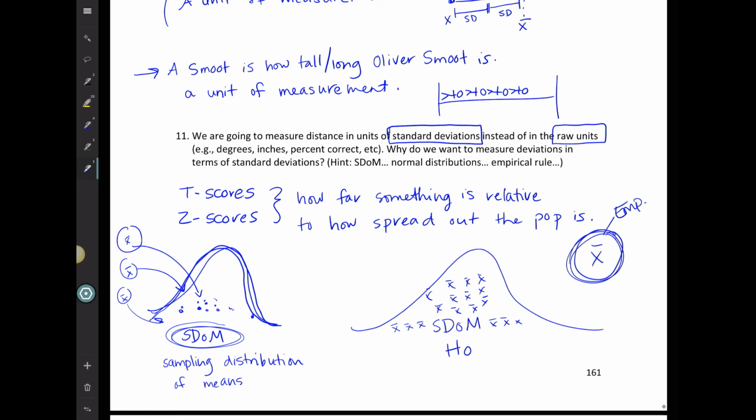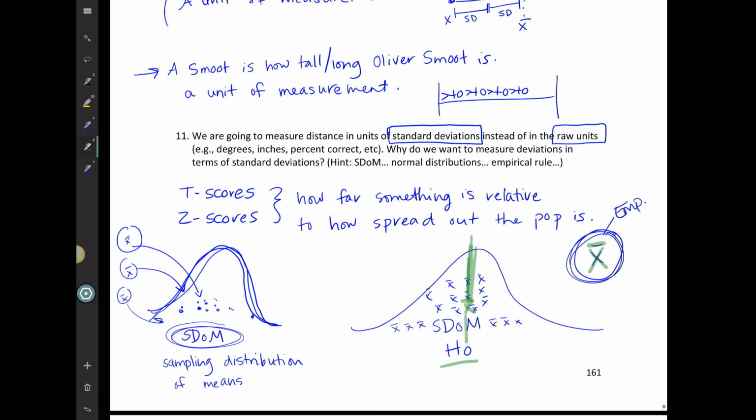If this mean, I'm going to color it differently so it stands out, falls right around here, right around the mean based on the null, well, if it falls here where there's a bunch of them, then that would not be unusual.